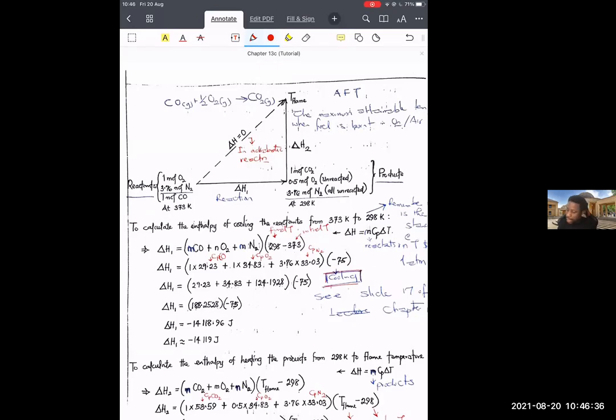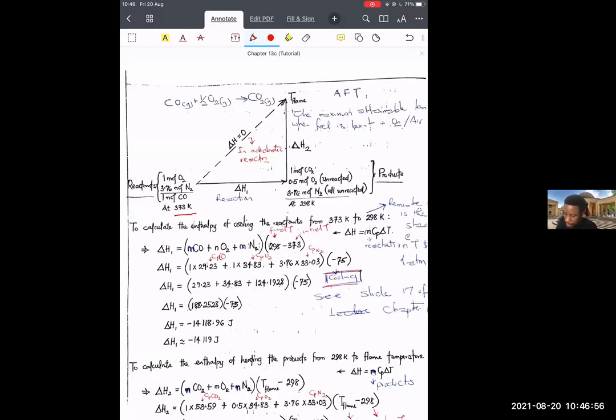Because if you look at the question, you see that the combustion is taking place at 373. So this is where the combustion is taking place at 373.